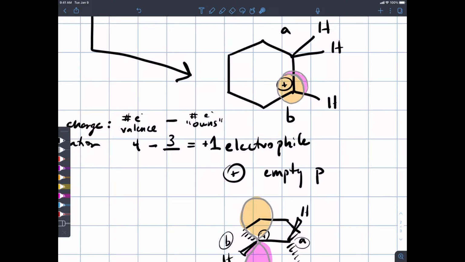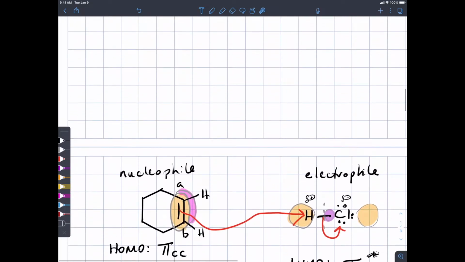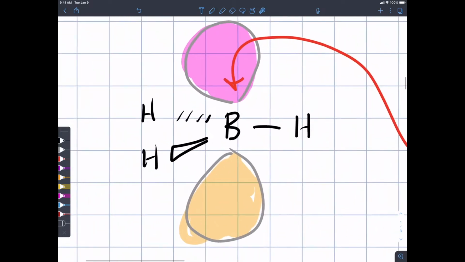Yeah, you can't go bigger than the octet rule. If you have fewer than 8 electrons, chances are the molecule's reactive. We would call this a hypovalent carbon, meaning it doesn't have a full octet. And we saw that before, by the way, with boron. Same thing here.